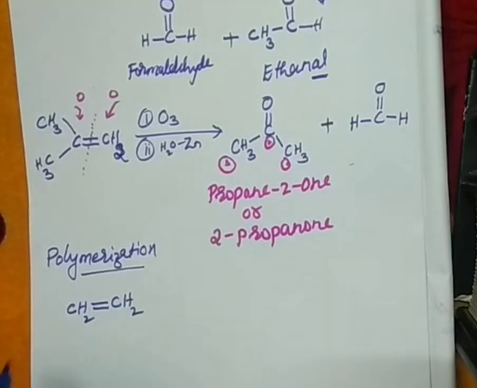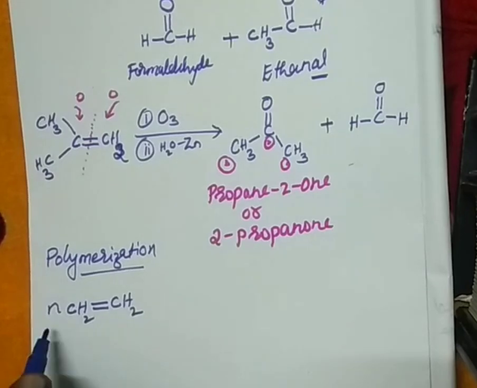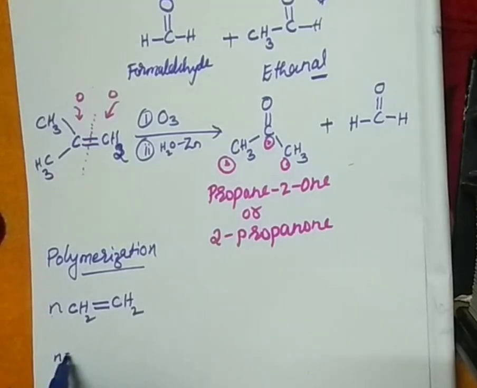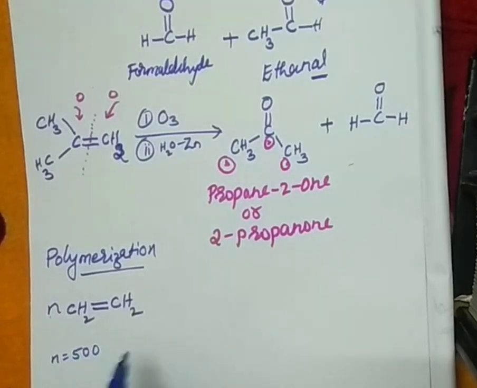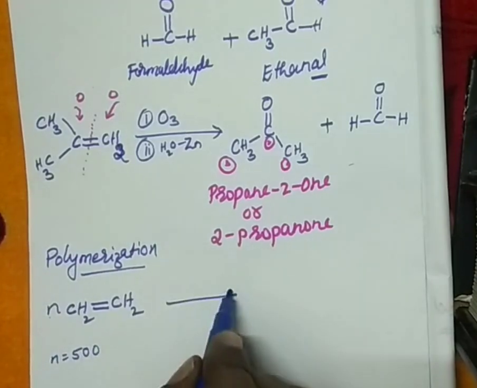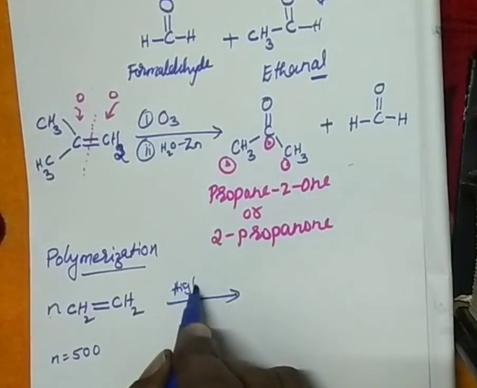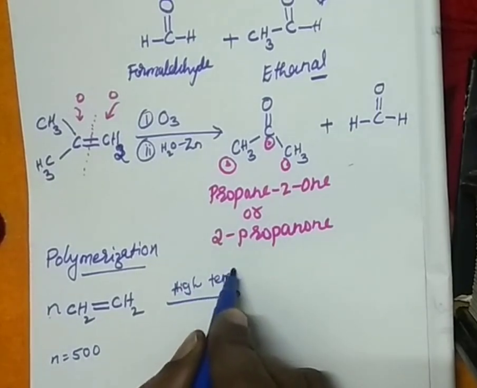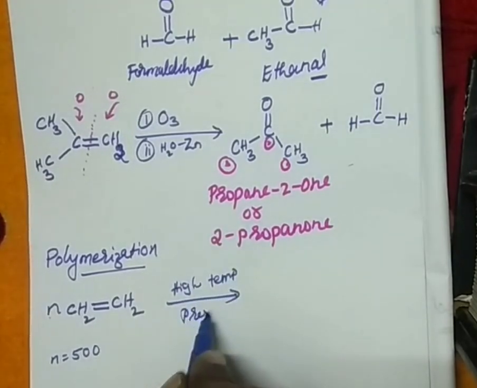See here, n number of ethenes. N can be 500,000 molecules. You never imagine. Till now we never wrote like this, no? So some 500 molecules of ethene we will take in the presence of high temperature and pressure. Some conditions are required, and sometimes we even require a catalyst.